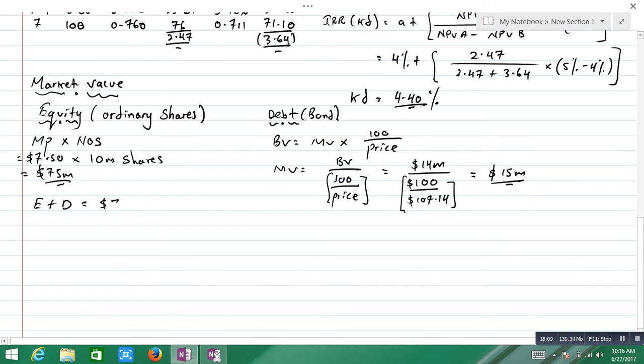Okay, let's start our WACC calculation. Now in this question we have to use the formula. It's not going to be a table method because we only have equity and debt.